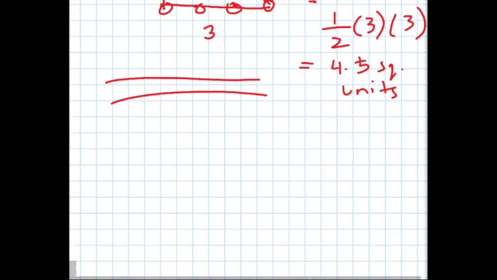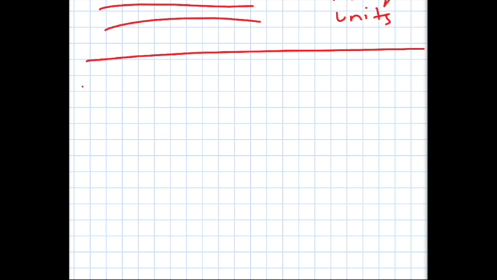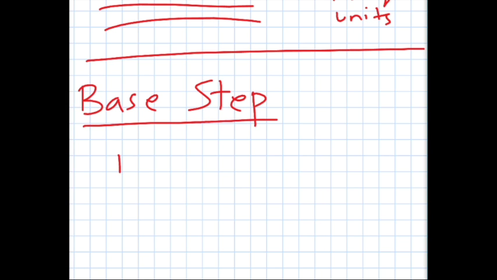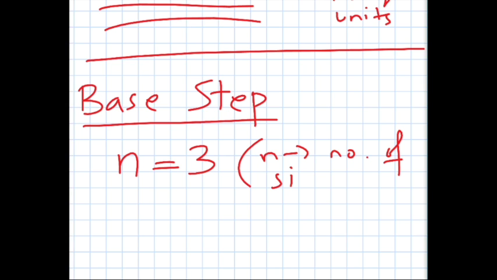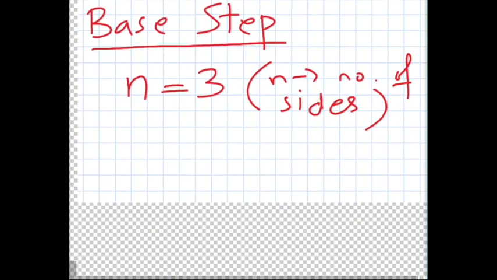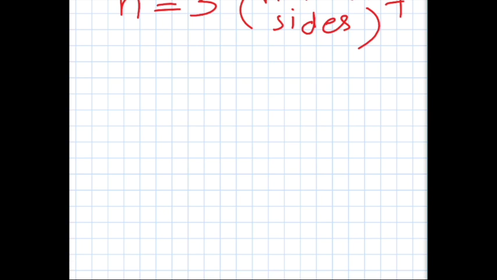Okay, so now we go here. So we have the base step. Base step is n equal to 3. What is n? n is the number of sides or vertices. So for n equal to 3, we have to prove it for a rectangle, because we are going to use the additive lemma for this as well.